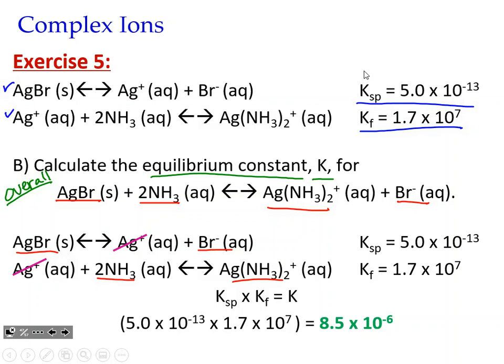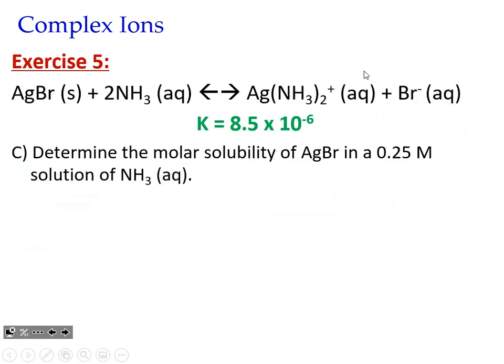Now, next step, we need to determine the molar solubility of the silver bromide if it's in a 0.25 molar ammonia solution. So we're taking this and sticking it in a solution with ammonia, and the ammonia we know is going to react with the silver to form the complex.